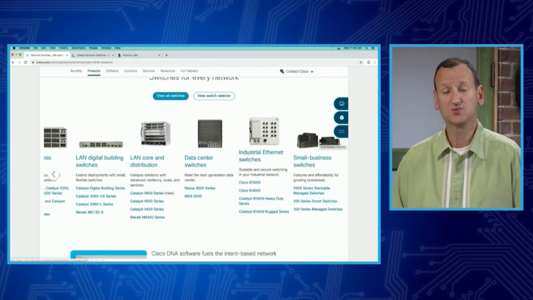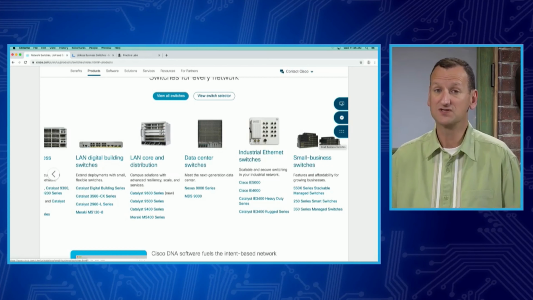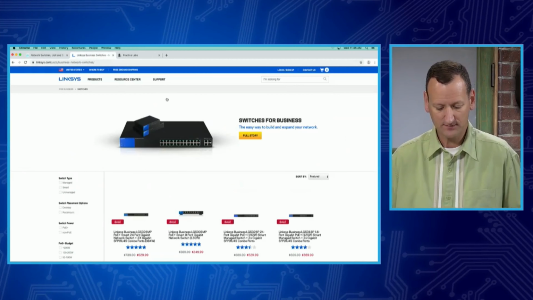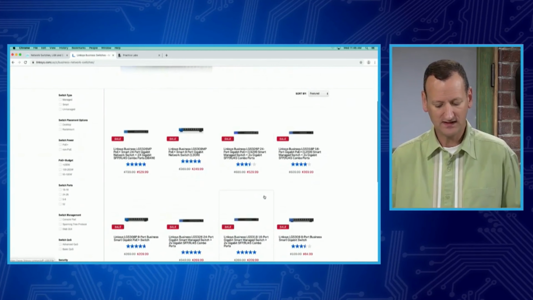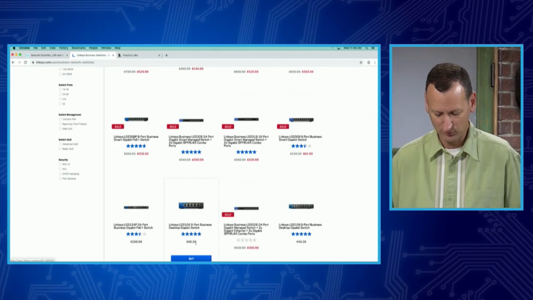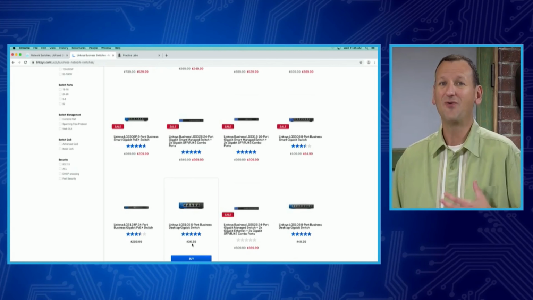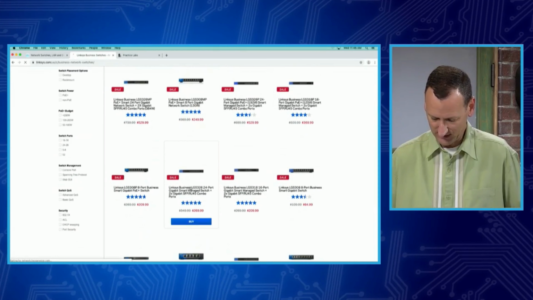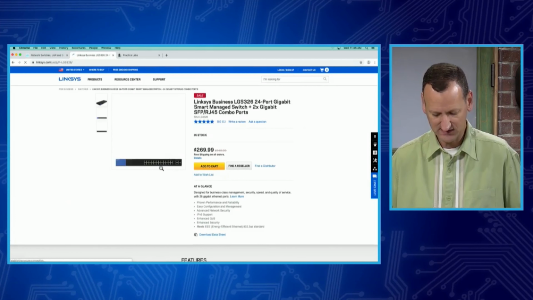You need to understand where your switch is going to be used to select the right one because the cost on these vary significantly. A switch, like for example, a Linksys switch, could be as little as $50 at your local computer store, right? Here's a little 5-port switch for $37. Or a bigger switch, like a 48-port switch. Let's see if we can find one. Well, it's 24 ports, a decent density there.